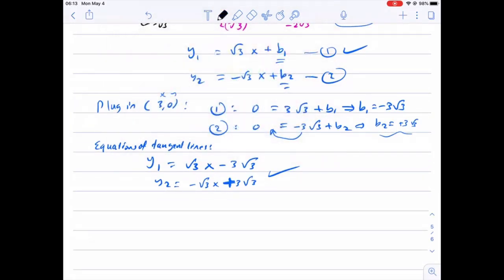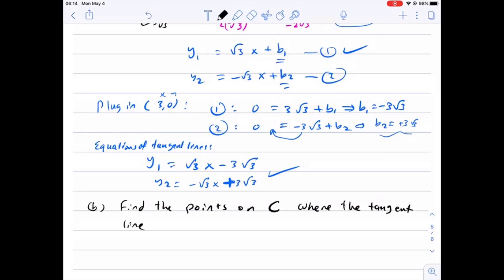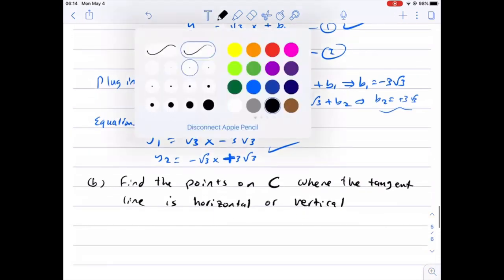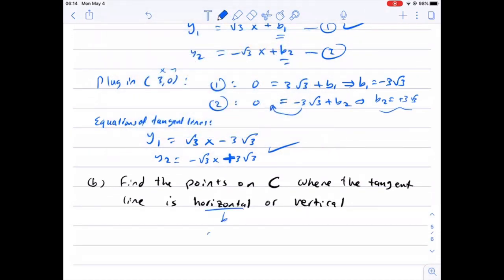Now part B, for the same problem, we want to find the points on the curve C where the tangent line is horizontal or vertical. Horizontal, the tangent line is horizontal, that means the derivative with respect to x is equal to 0.